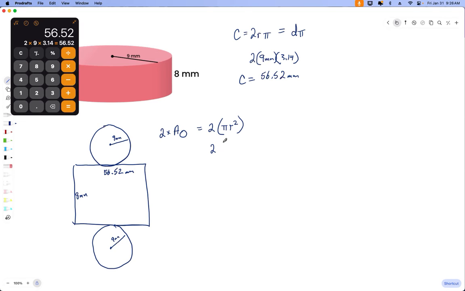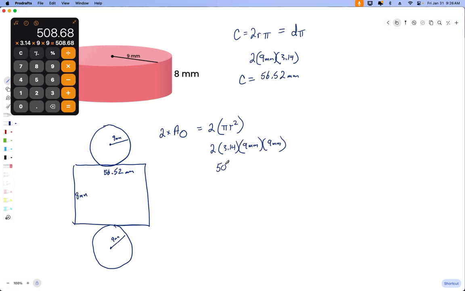So 2 times 3.14, which is pi, and the radius is 9 millimeters, and we do that 2 times. So now we just multiply. So we've got 2 times 3.14 times 9 times 9.